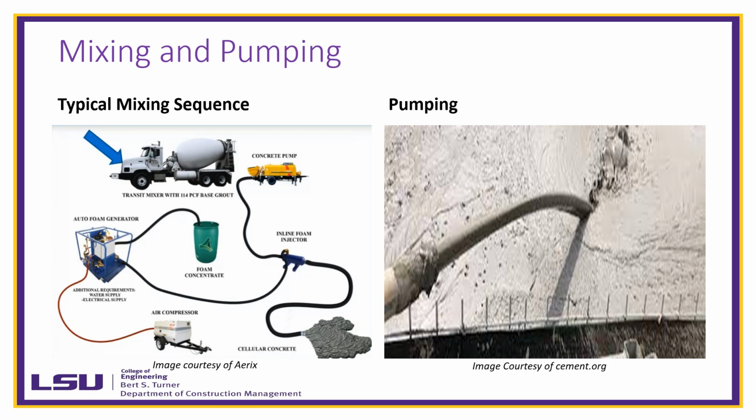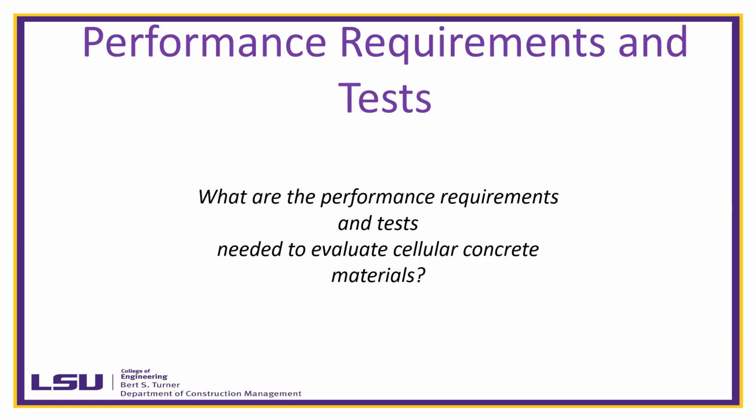The slurry mix goes through a concrete pump, and then there's an inline mixer that jets it all together, and then out the end of the pump is your cellular concrete. On the right-hand side, there is a picture of pumping. As you can see, it's very loose, it's very fluid. It's kind of fun to watch get pumped.